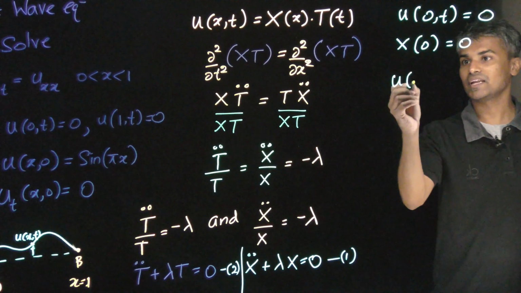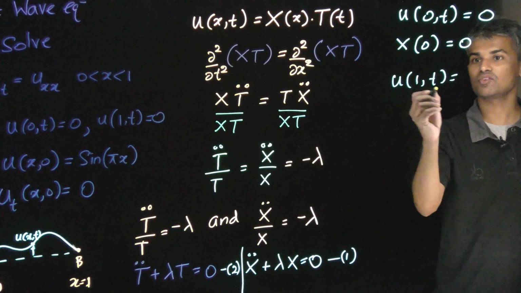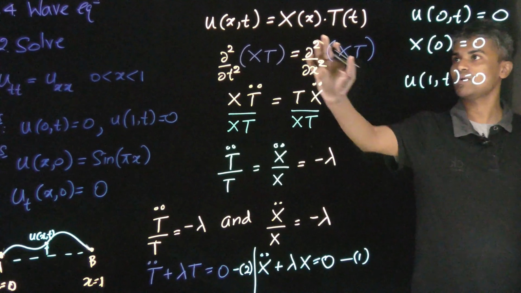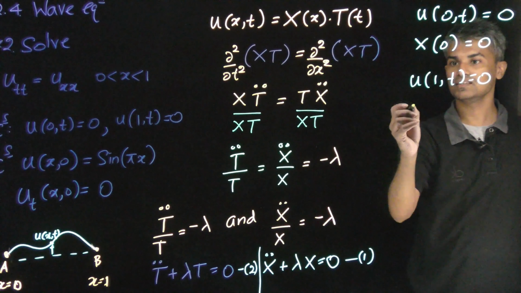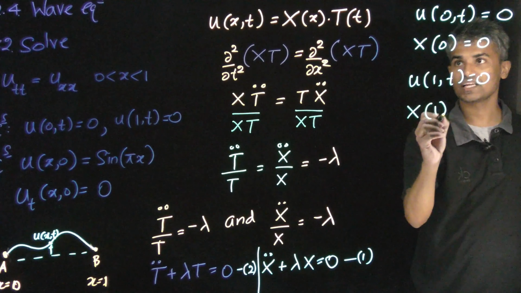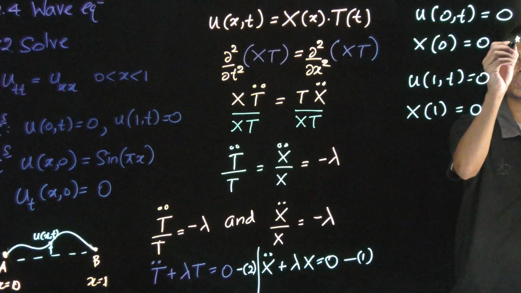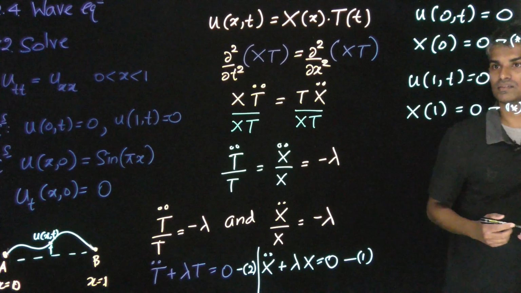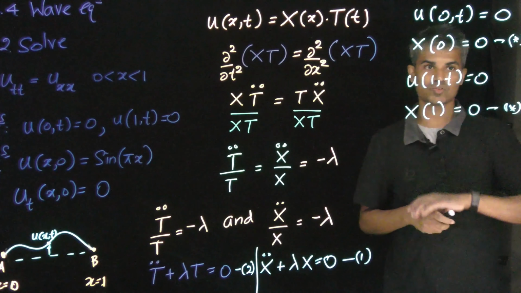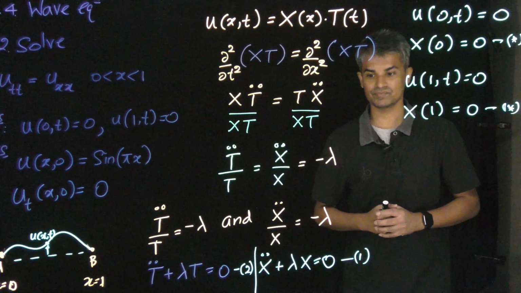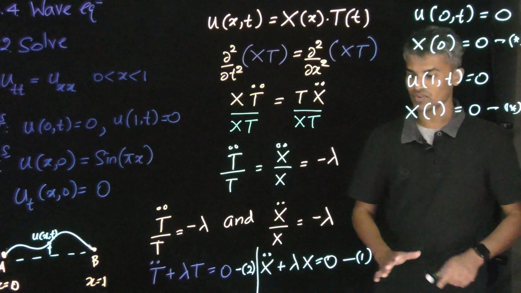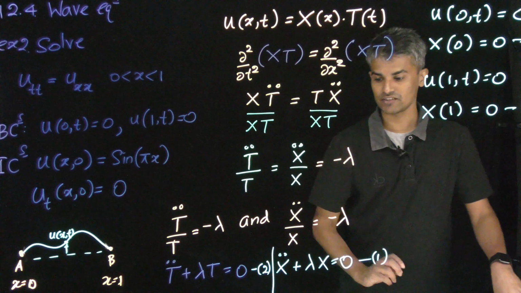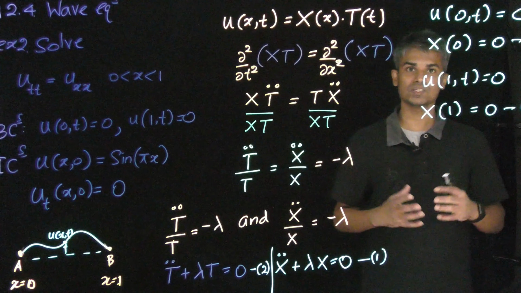Similarly, when x equals 1, again your unknown u is 0. It is the second boundary condition. So if you evaluate this product at x equals 1, you should get big X at 1 equals 0 as well. So here we have the two boundary conditions for the big X variable. Next we are going to solve this second order constant coefficient differential equation with respect to three lambda values.